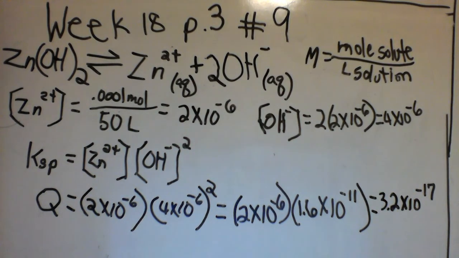If we look at the problem, we see that the solubility product constant for the dissolution of zinc hydroxide is 4.5 times 10 to the negative 17th. Therefore, our Q is less than the solubility product constant.